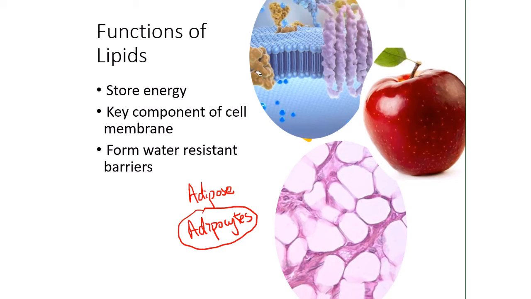Lipids are also going to be a key component of cell membrane. We'll be looking at the structure of cell membrane in lecture 4. Lipids are able to form water-resistant barriers. So if you look at an apple, it looks shiny on the surface. That's because of a waxy coating, and wax is a type of lipid.